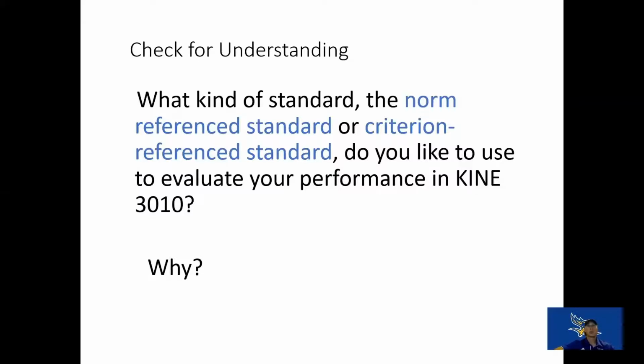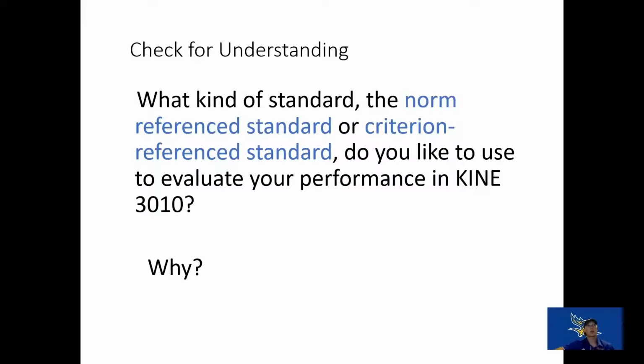So I take everyone's score at the end. If you achieve average, you pass. If you're below average, you don't pass. That would be using a norm reference standard. So if the average is 70%, everybody below 70 doesn't pass, everybody above 70 passes, or if there's an average of 80%, everybody who gets 80 or above passes the class, less than 80 doesn't pass the class.